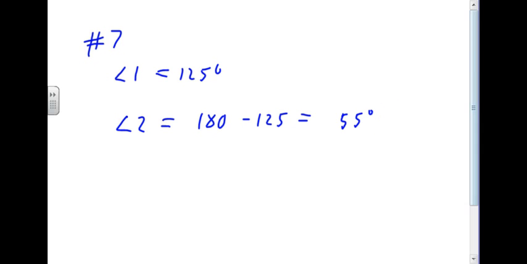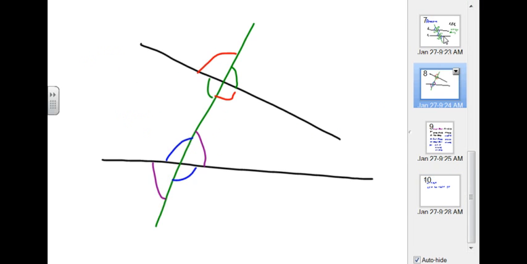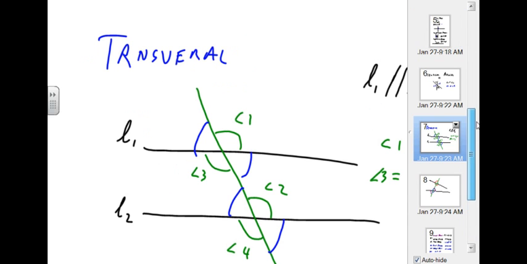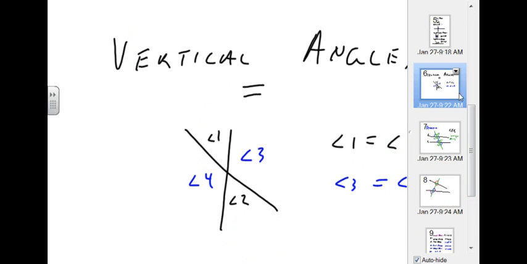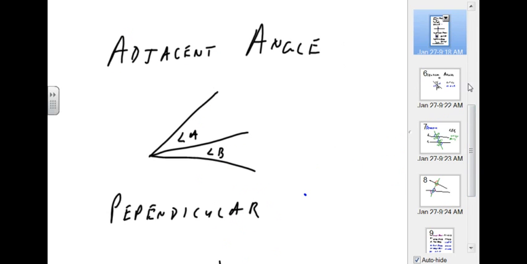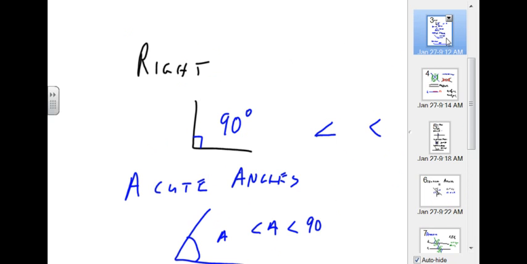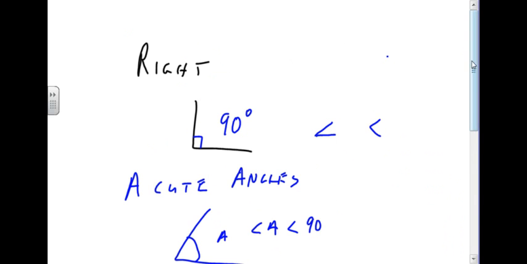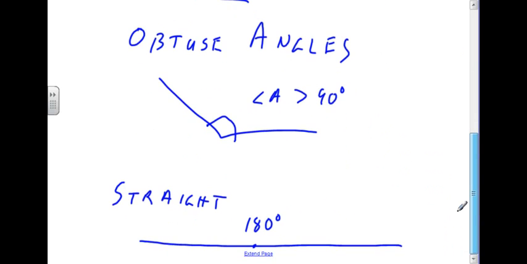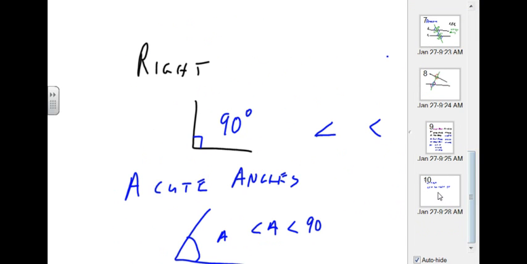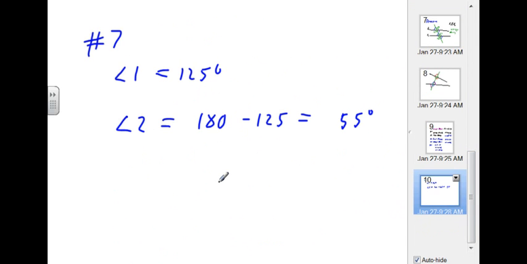Ooh, interesting. Is that interesting? Let's see if that's interesting. Well, I guess it's not that interesting. I thought we made a mistake earlier, but maybe we didn't.